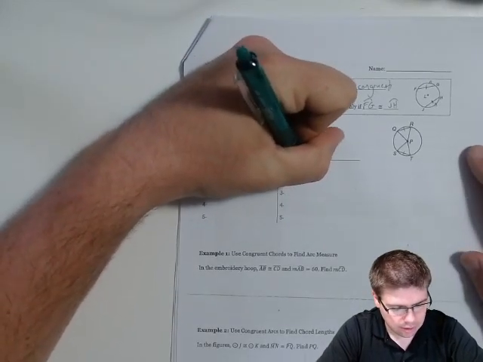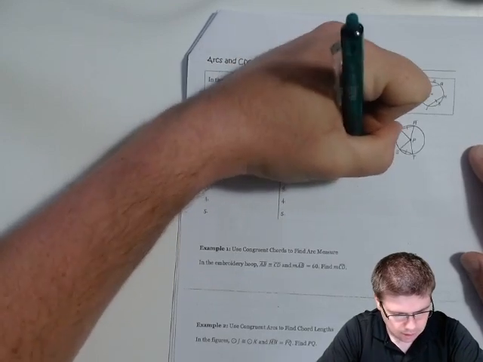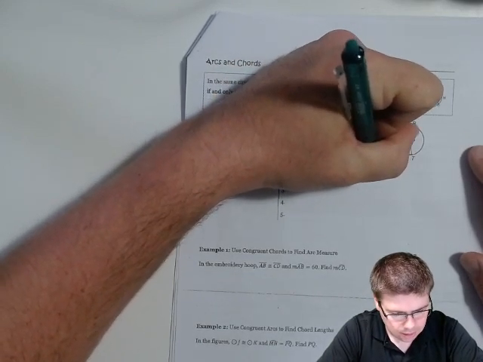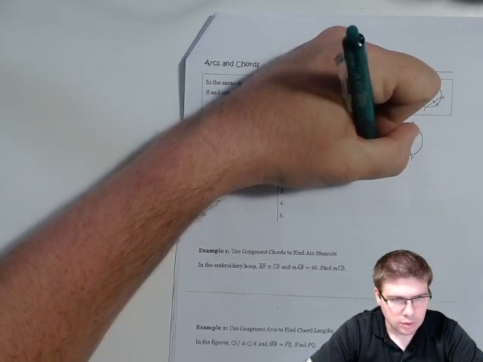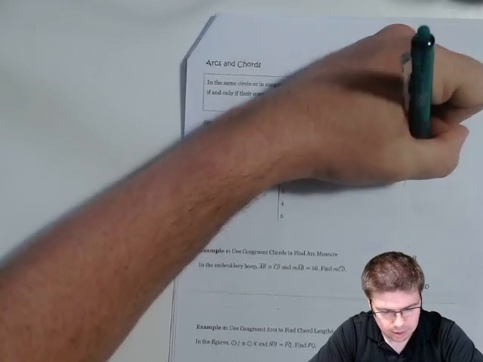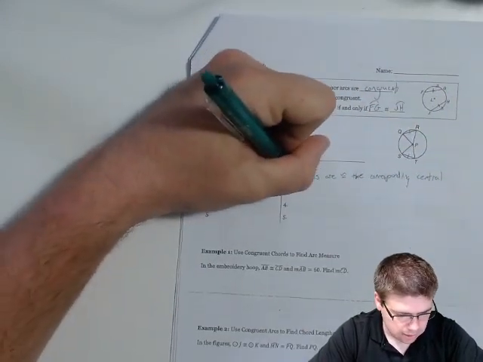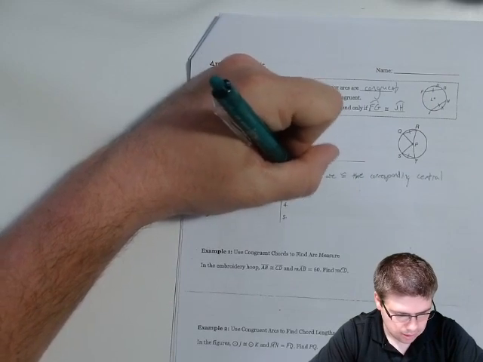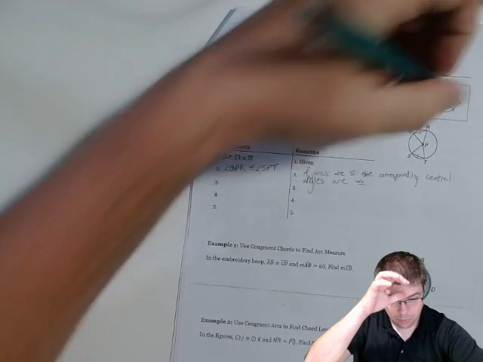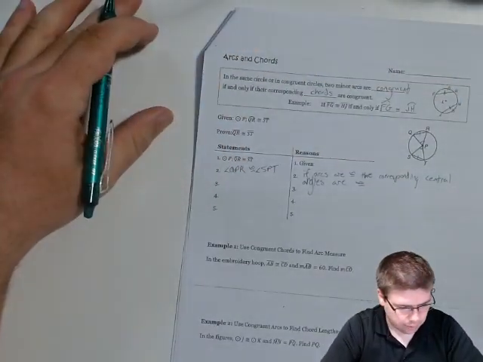So we know that this angle here is congruent to that angle. So that's one thing we could use.